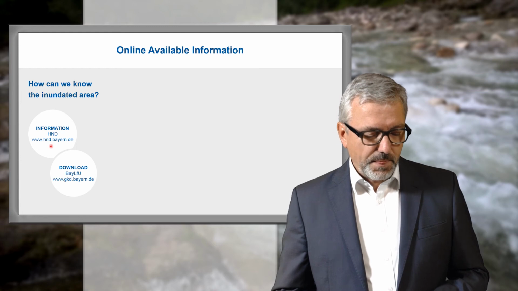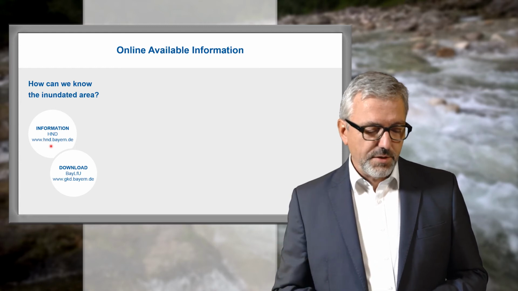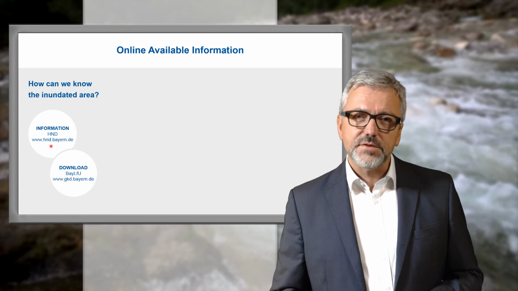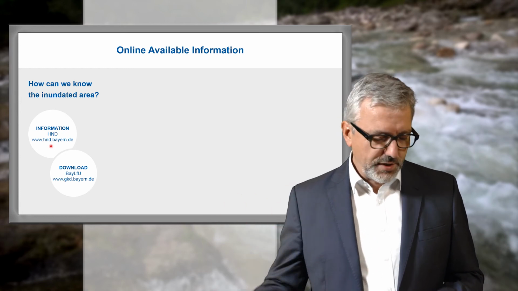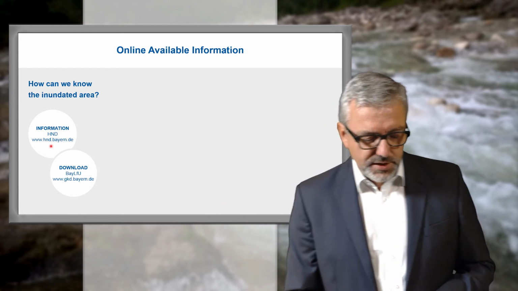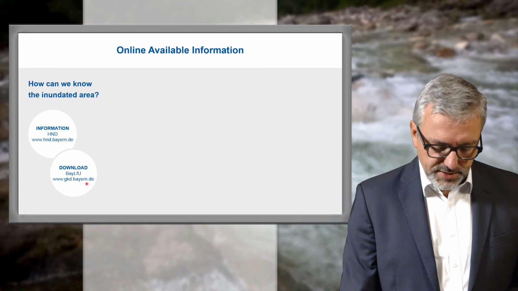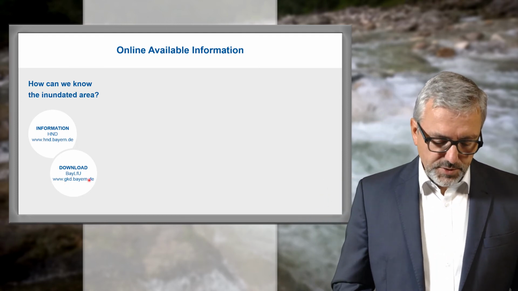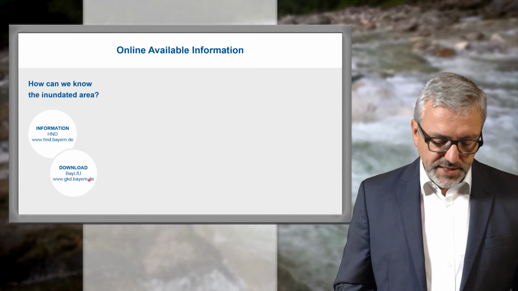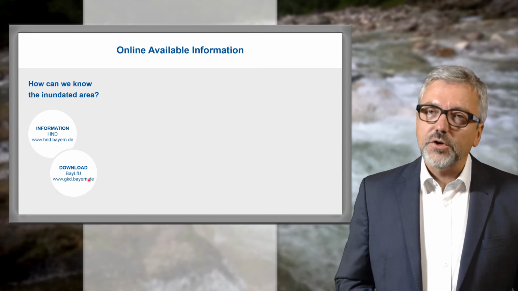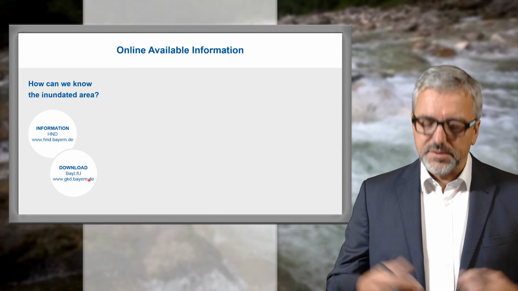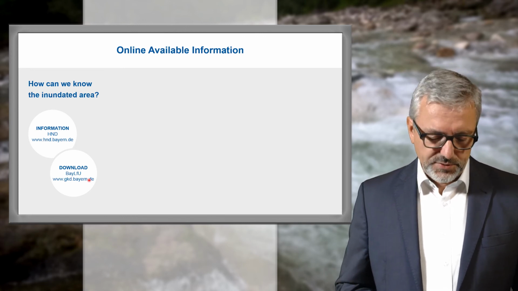Here you can get the next forecasts, the next water levels for 1 or 2 days. And you can download all the data at this internet address. Most of the German states have these kinds of forecasts or information on the internet, and most other countries as well.